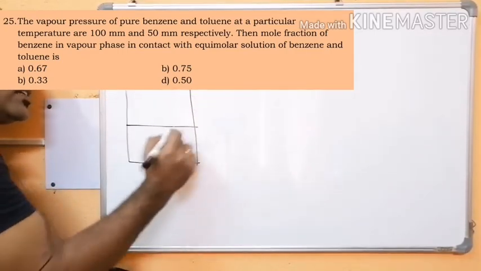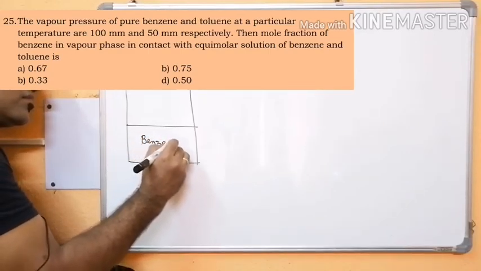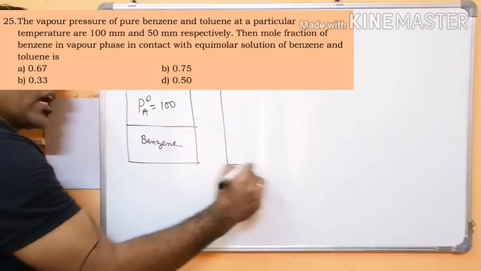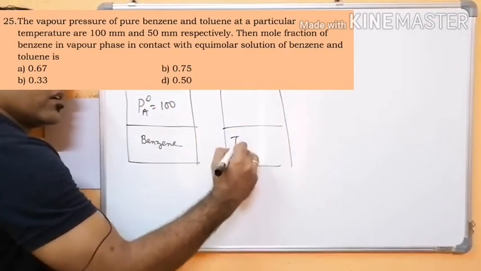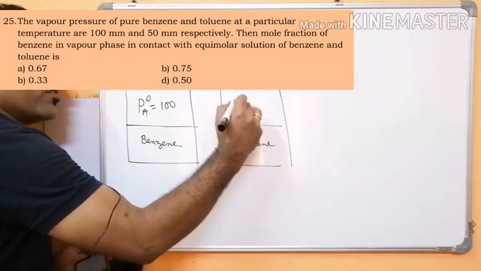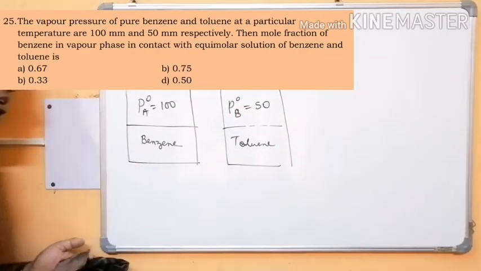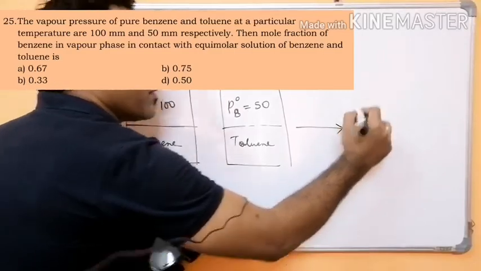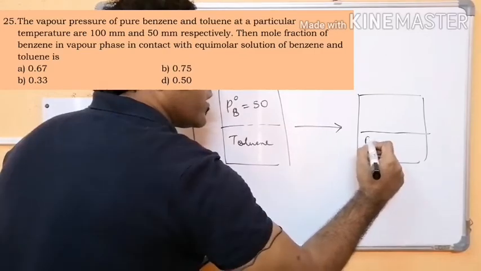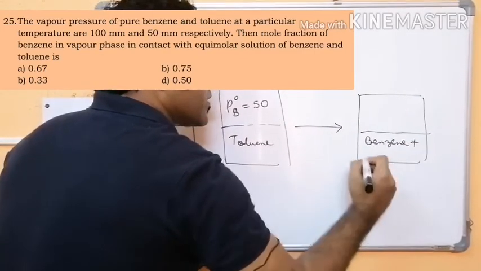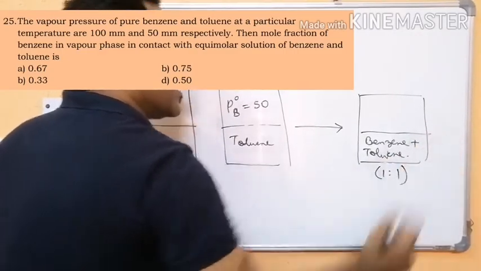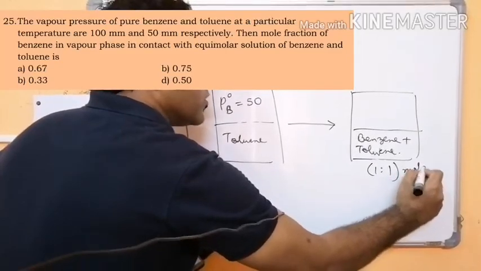You have pure benzene where the vapor pressure Pa naught is equal to 100. You have pure toluene where the vapor pressure of the component B is 50. Now you are mixing these two to form a solution where you have component A, that is benzene, plus toluene, in a 1:1 mole ratio, equimolar.